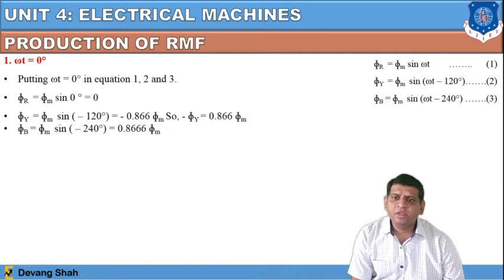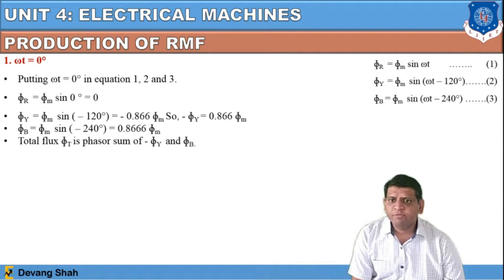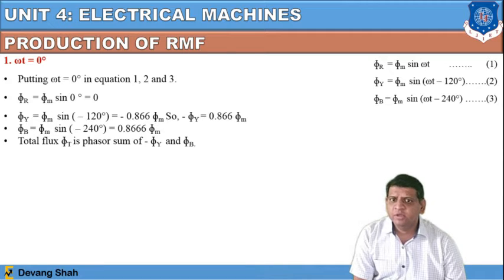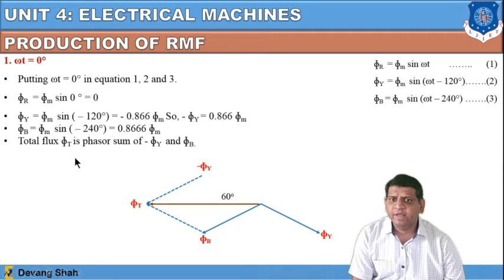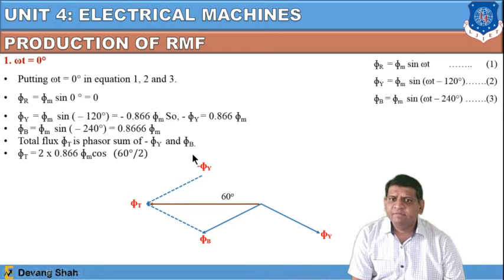Now if you put these three fluxes in a phasor diagram, the total flux phi T is the phasor sum of phi R plus phi Y plus phi B. So phi T is equal to 2 into 0.866 phi m into cos 60 by 2, from this diagram.